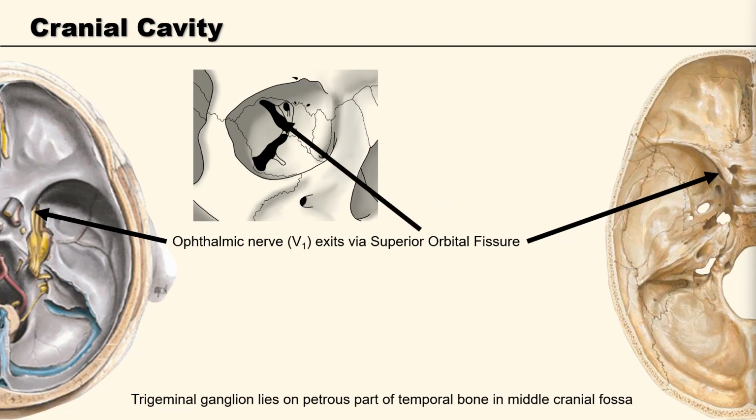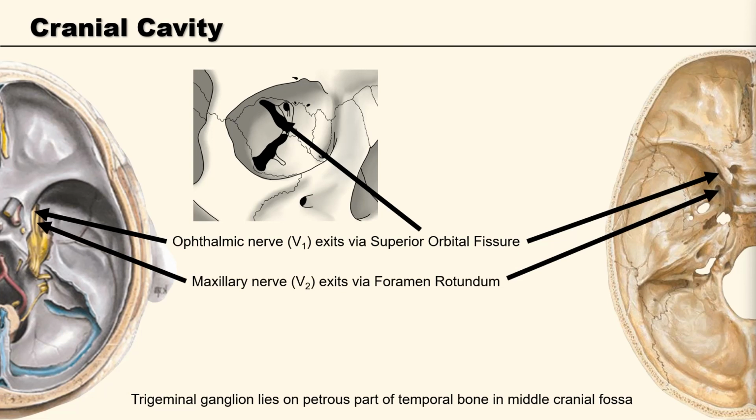The maxillary nerve also travels forward, but instead of passing through the superior orbital fissure, it goes through a window or an opening called the foramen rotundum, or round foramen. This is most clearly seen in the picture on the right, which shows the cranial base with all the soft tissues removed.